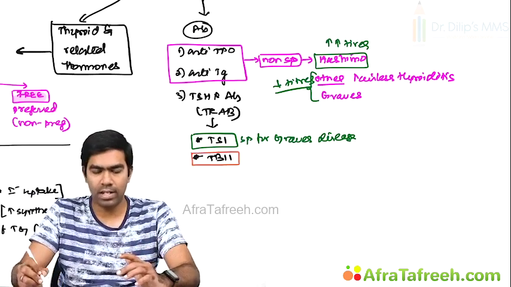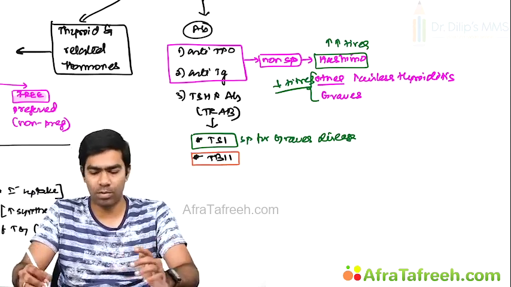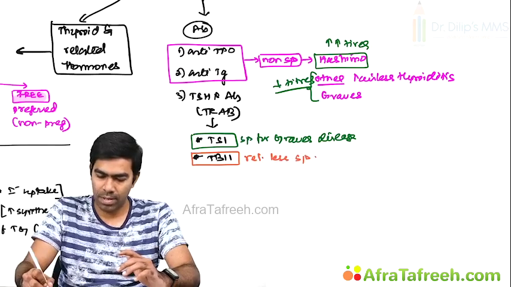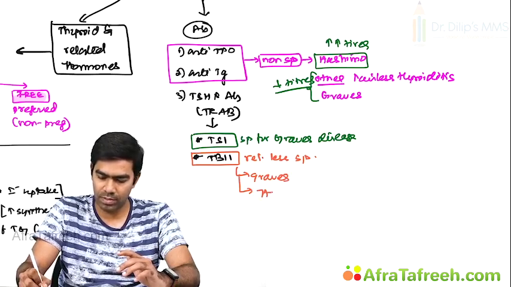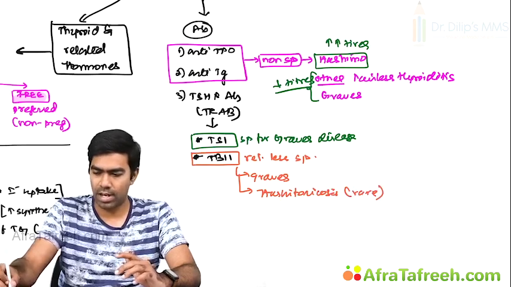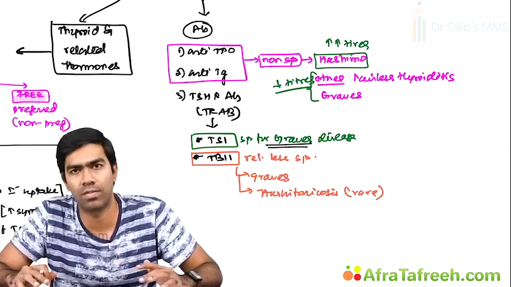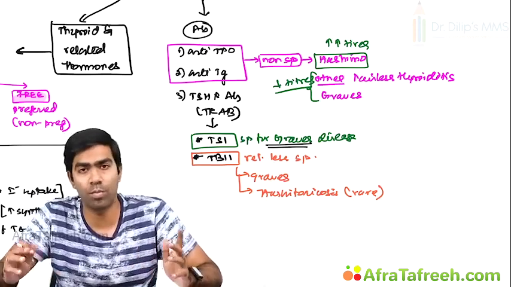TBII is relatively less specific because it can be seen in patients with Graves' disease, or very rarely in conditions like hashitoxicosis, which I'll be discussing in some time, but rare. Clear? But thyroid stimulating immunoglobulin is relatively more and more specific for Graves' disease.